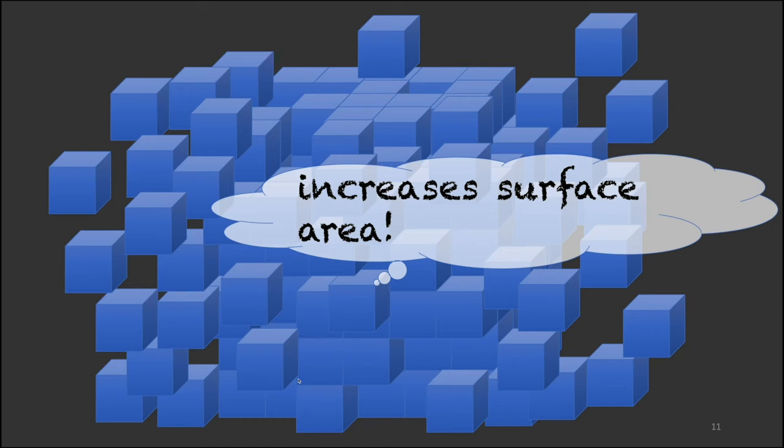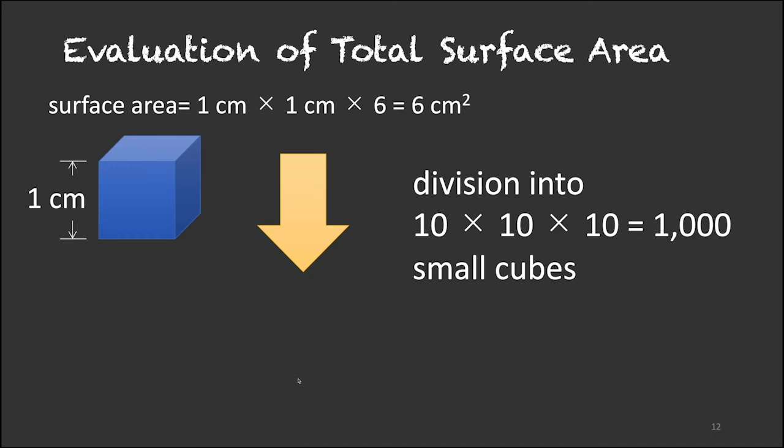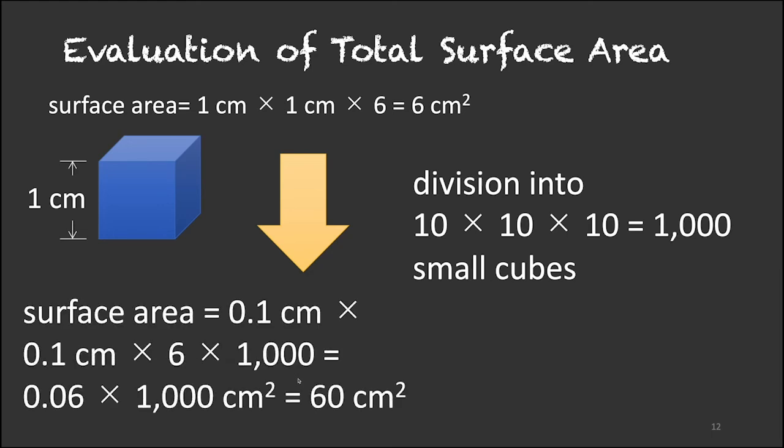The surface area of a cube that has 1 centimeter each side is 6 square centimeters. This cube is divided into 1000 cubes by slicing each side into 10 pieces. The total surface area will be 60 square centimeters.